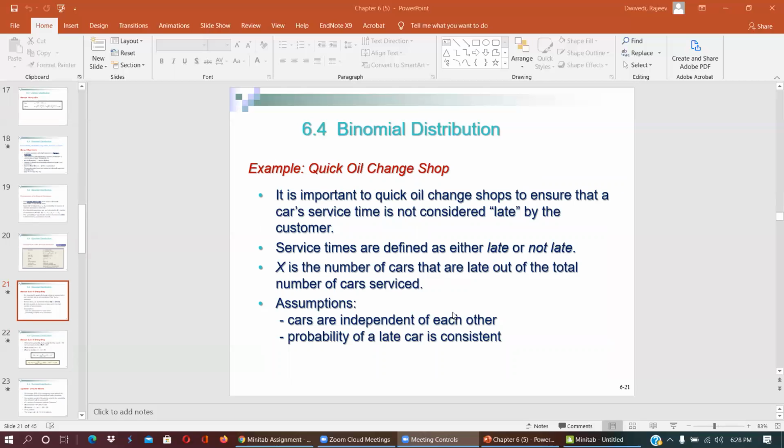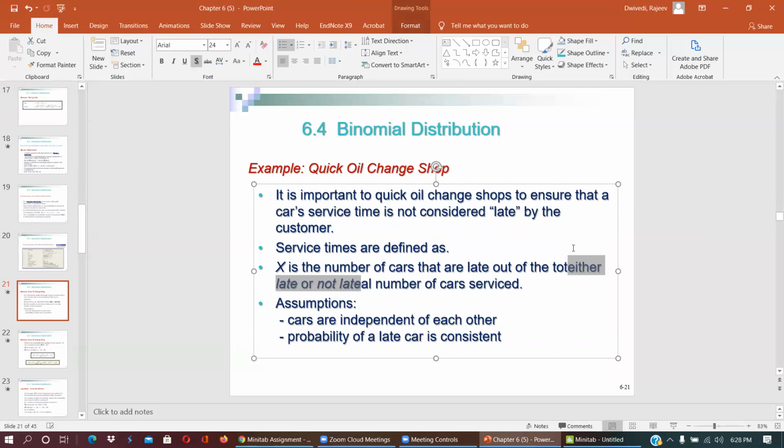So look into this case. It is important for a quick oil change shop to ensure that a car's service time is not considered late by the customer. Service times are defined as either late or not late. So basically here you can see clearly late or not late.